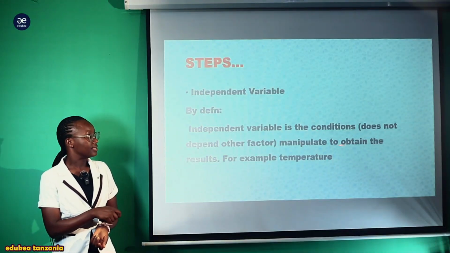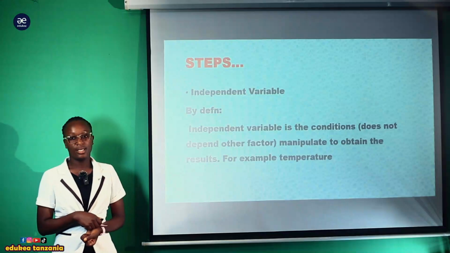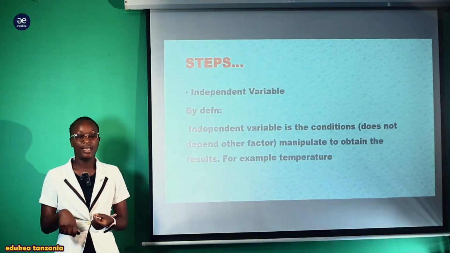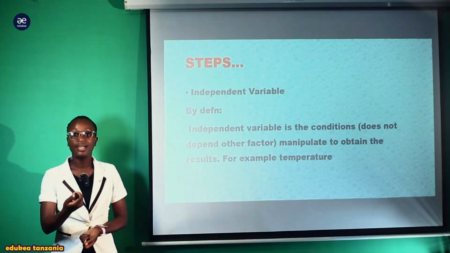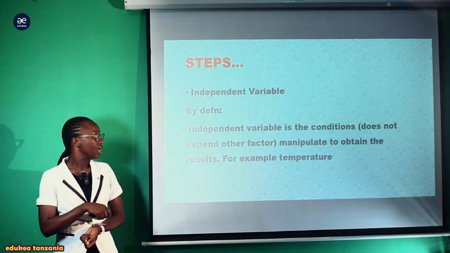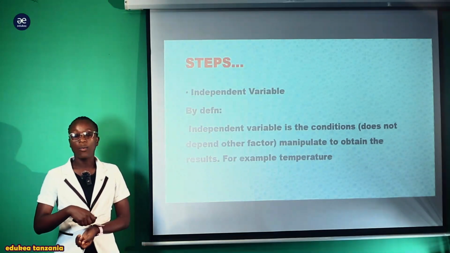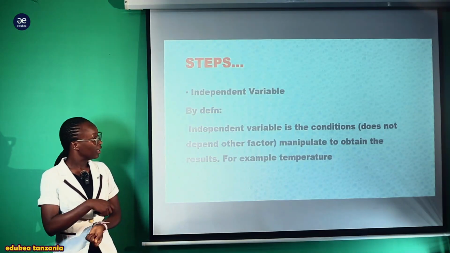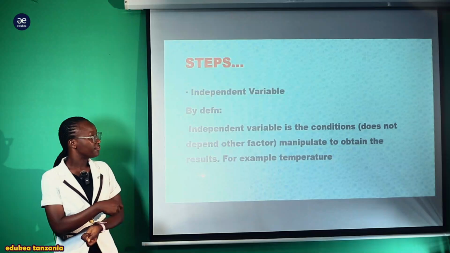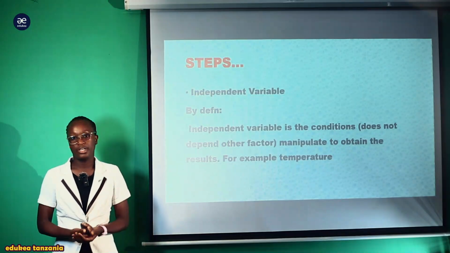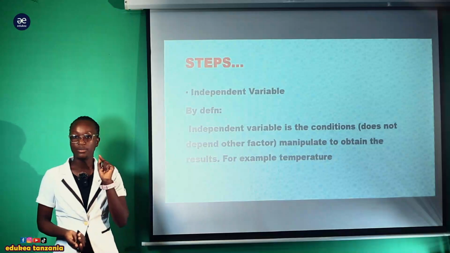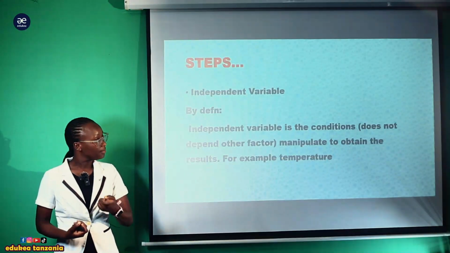Yenyewe inaelekea sasa ili tuweze kuobserve a certain change or a certain result. And from our example here, the independent variable will be temperature. It means temperature does not depend on other factors, but it will be manipulated to obtain the results.